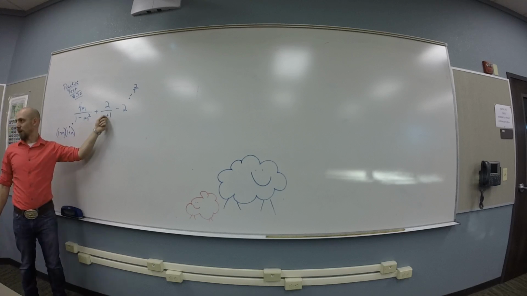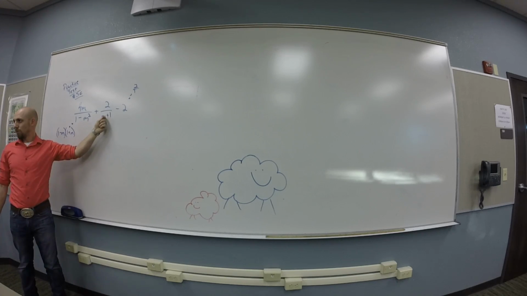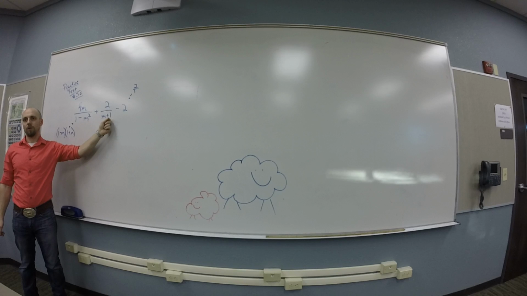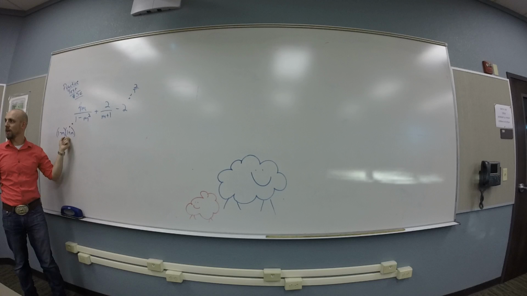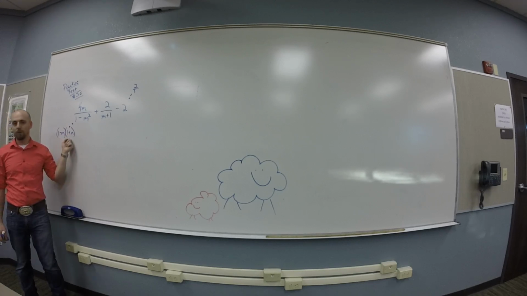Do I need to worry about having an m plus 1 and a 1 plus m? No, not really. Those are the same thing. That's just an order thing, and addition doesn't care about the order. You guys cool with that?